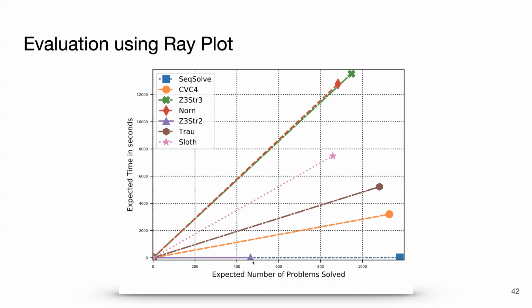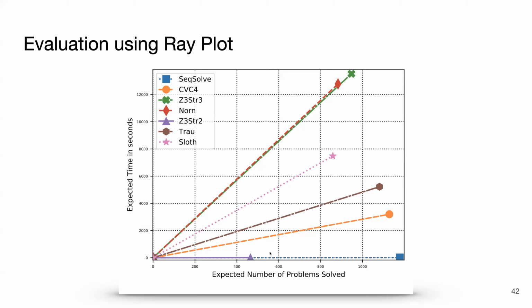Z3STR2 cannot, because it returned unknown on most of the problems and did not reach 600. SeqSolve was the fastest to solve 600 problems, followed by CVC4, followed by Trau, and similarly. So we can expect a solver to solve 600 problems in this much time by looking at the y-axis.